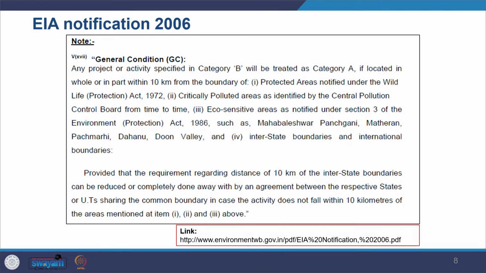You can see under the schedule that any activity categorized as B will be treated as A if the particular proposed project, partially or fully, comes within the radius of a protected area or eco-sensitive area. So at the screening stage itself, your category will change. What kind of detailed study would be required will be decided here. You can see part of the notification snipped for you here.